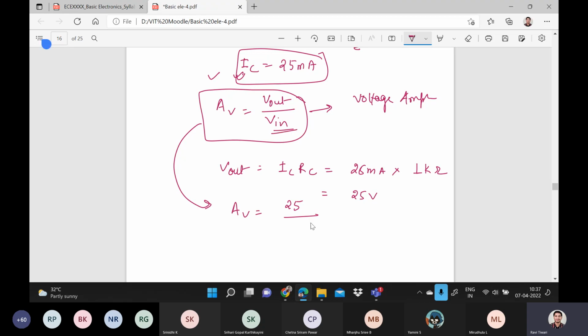What is the V in? V in was 500 millivolts. So what will be the answer? 50. 50 only, because it is amplification, so it does not have any units.